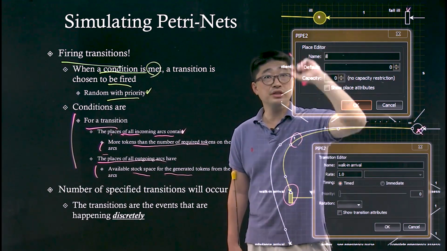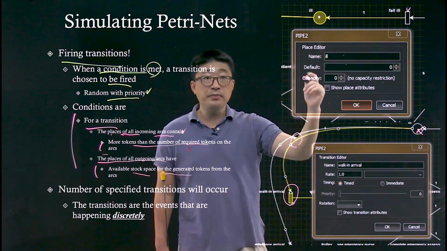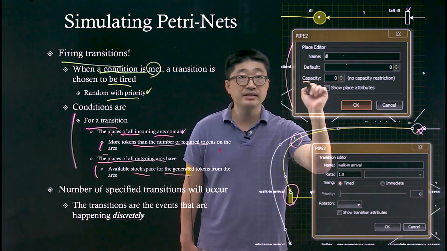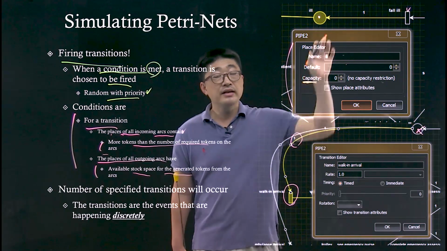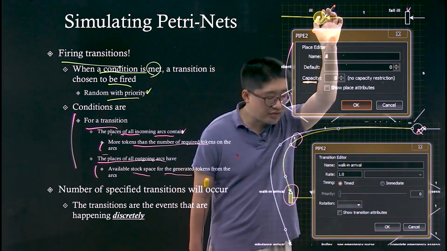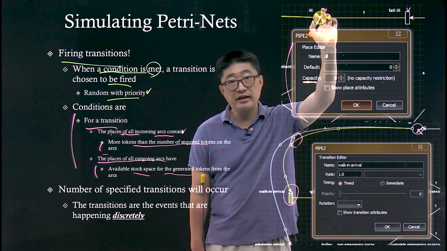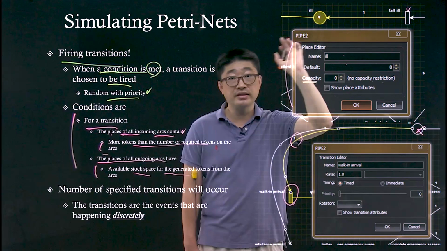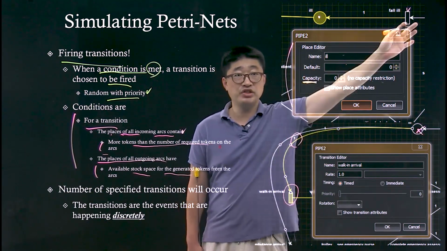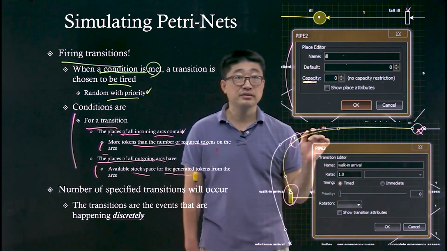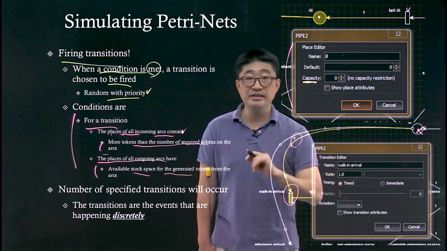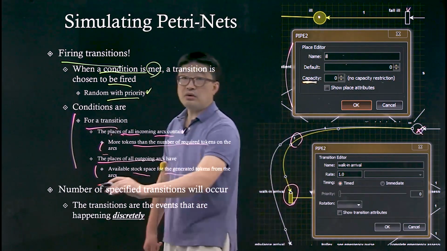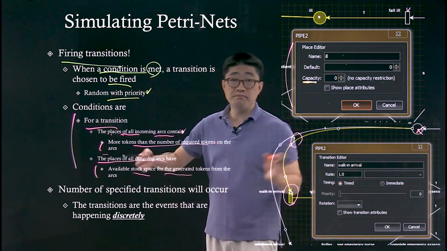However, some places can have a capacity set. If that place already has so many tokens and cannot accept this 1 token, then this transition will not be fired. So capacity can be another condition.